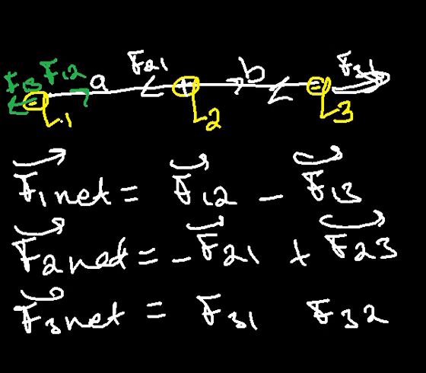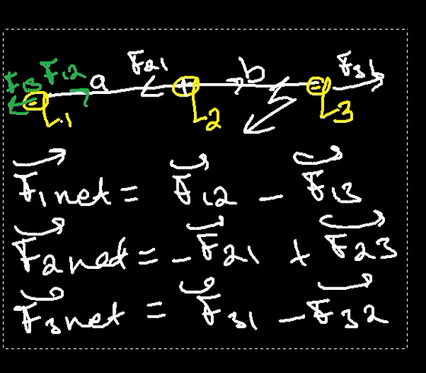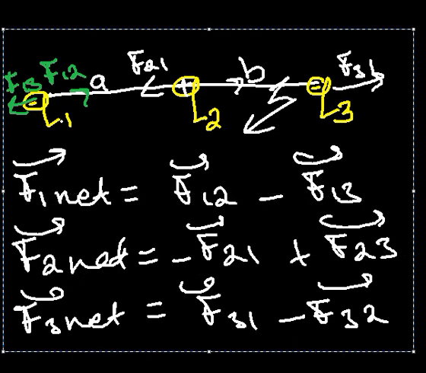What did we say? The force will be towards this direction. Since it is negative, we'll have it as negative. So keep that in mind. That's the principle behind the superposition principle in one dimension for a system of charges in one dimension.